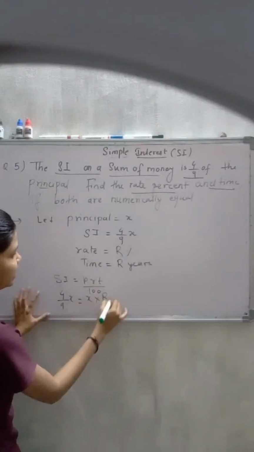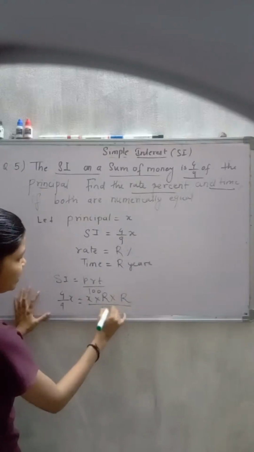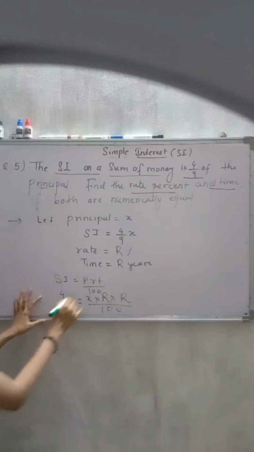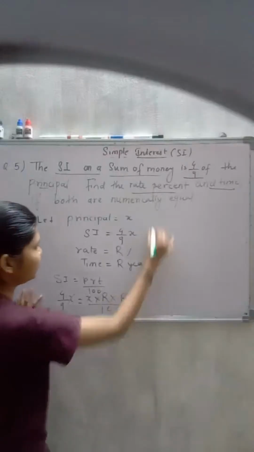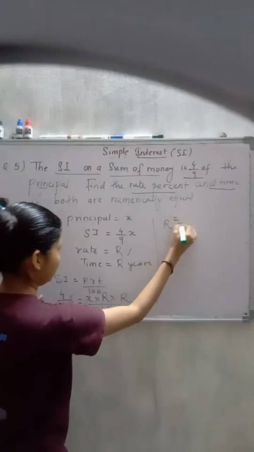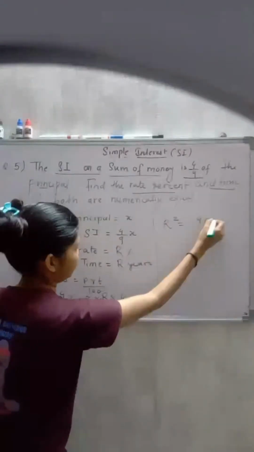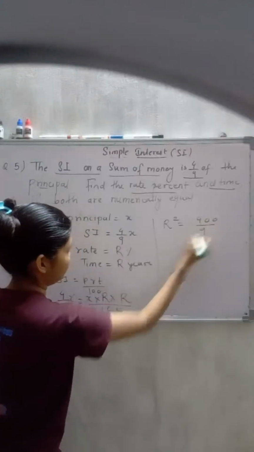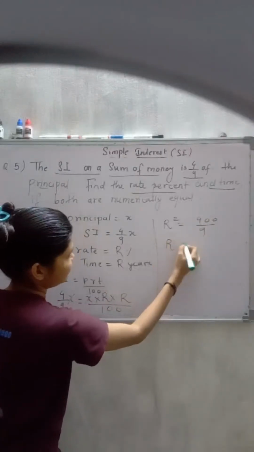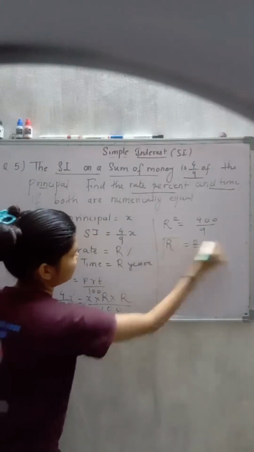Rate of interest as R. And time is also R, by 100. X will get cancelled out. So R square equal to 400 by 9. R equal to 20 by 3.